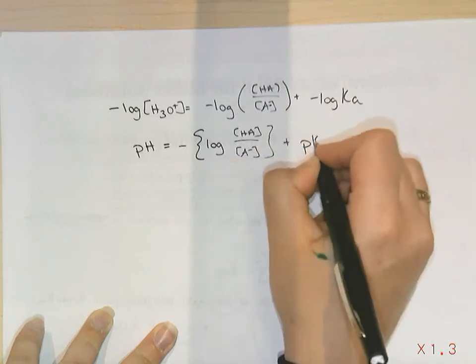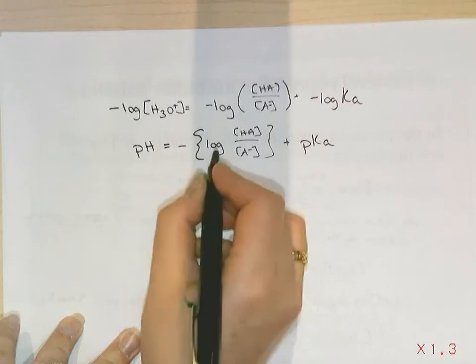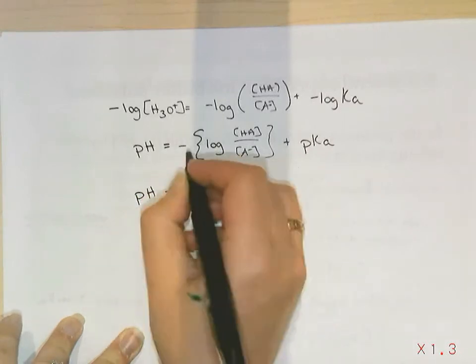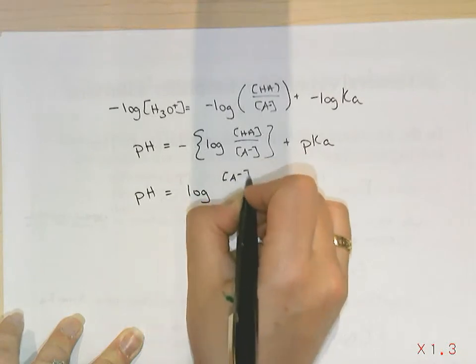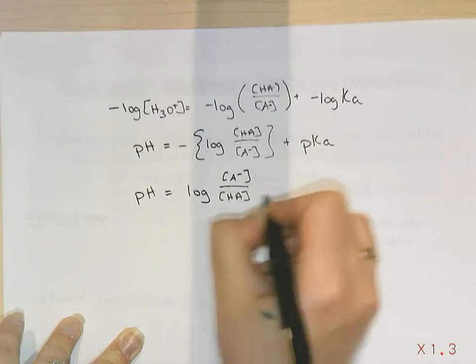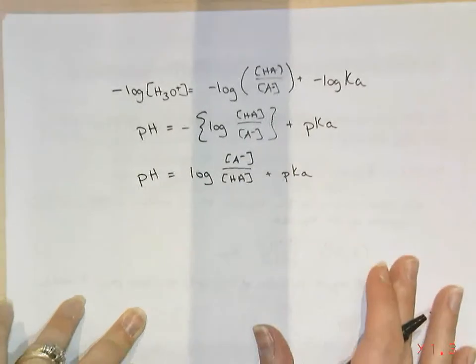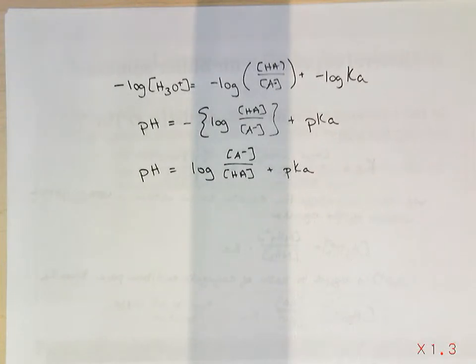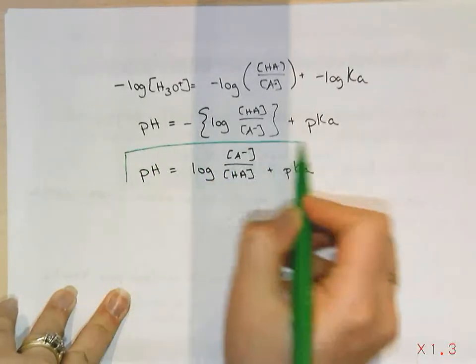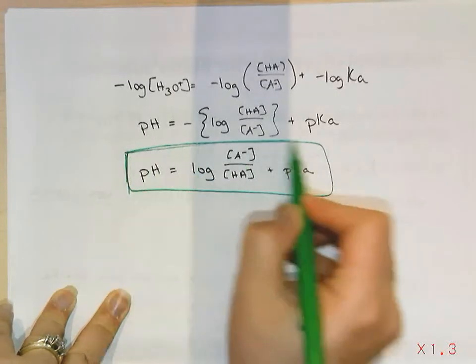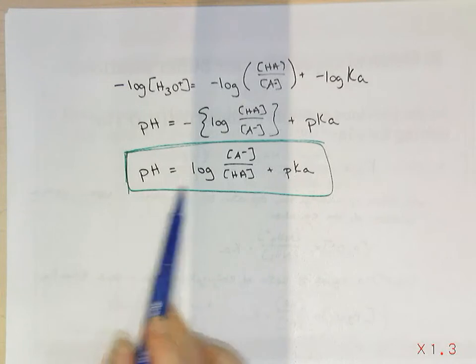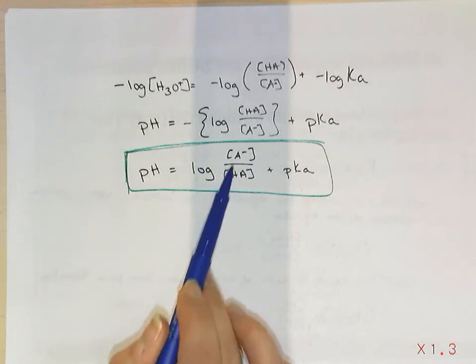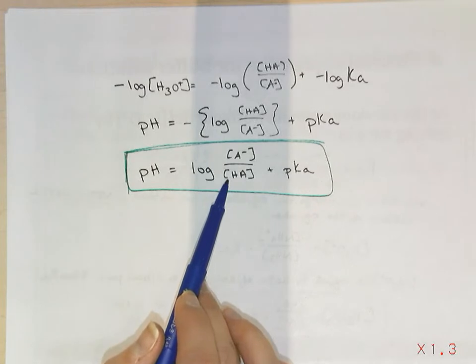And I don't like that negative log, so I'm just going to write it out like this. So we now have a way of getting pH directly from the pKa plus the log of the conjugate acid-base ratio, which I've boxed because this is one of my favorite equations.